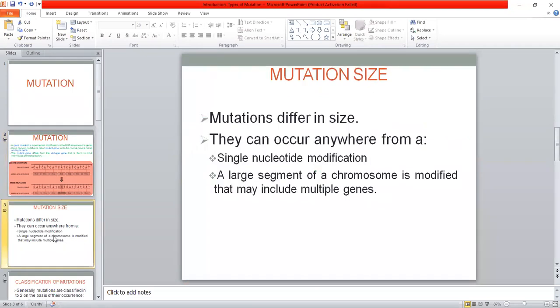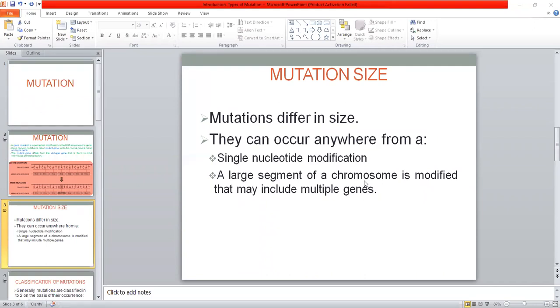Mutations differ in size. Mutations can range from a single nucleotide modification, in which only a single nucleotide is changed, which we have just discussed, to modifications or alterations in a large segment of a chromosome.